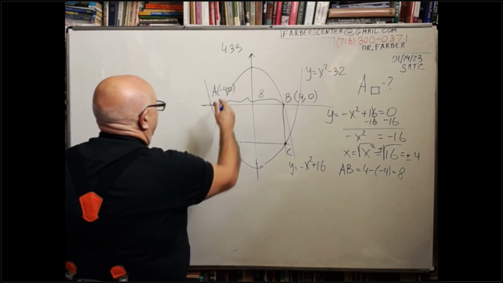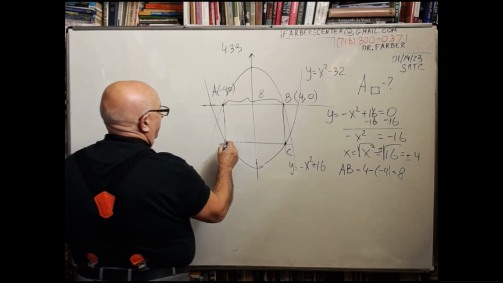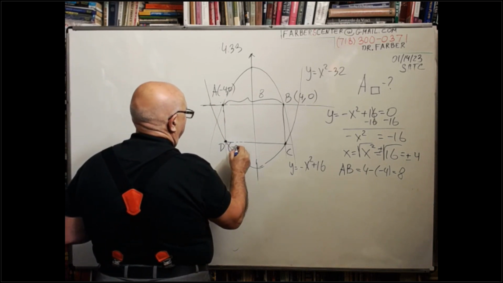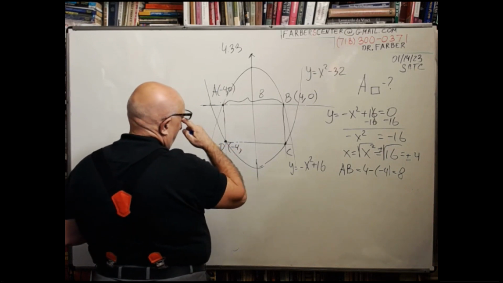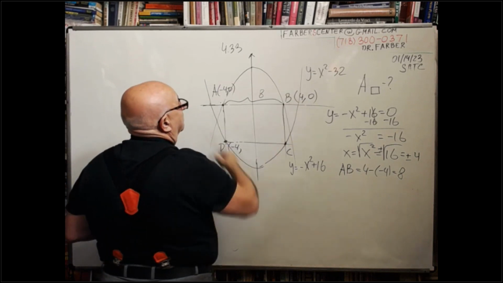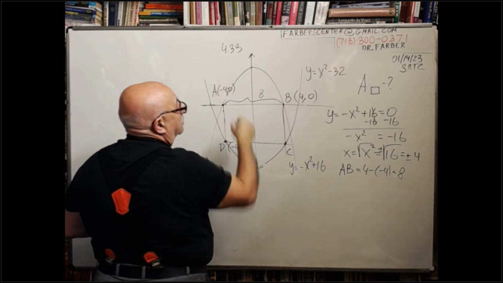If this is negative 4, this x is also negative 4. And this negative 4 belongs to this graph. So I use this rule.